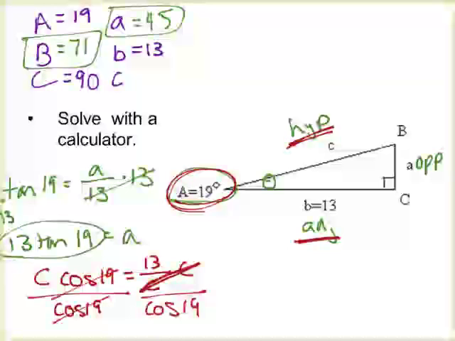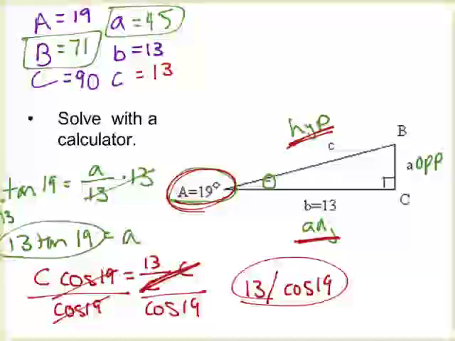So on the calculator, I would type in 13 divided by cosine of 19. And what do I get? 13.75-ish. Okay. So 13 divided by the cosine of 19 gives us about 13.75.